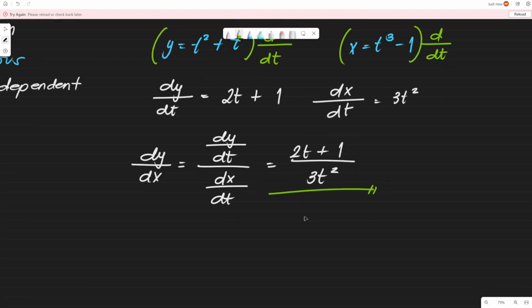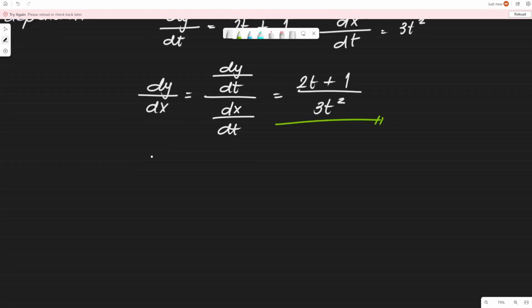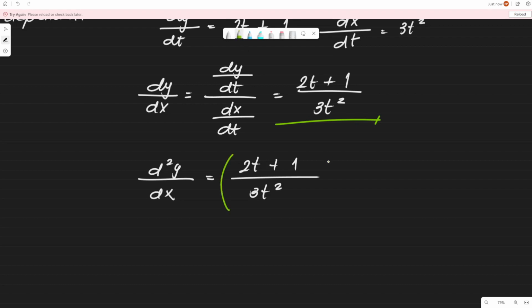But we still need to get the second derivative, d squared y over dx squared. How are we going to do that? Just get the derivative. Since this is in t, of course, we are going to get the derivative in terms of t.